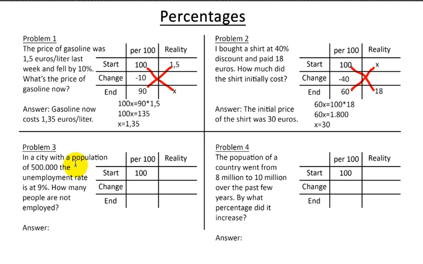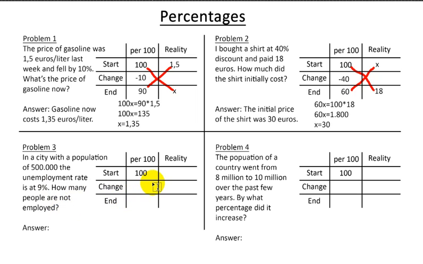Let's move on to problem 3. In a city with a population of 500,000, the unemployment rate is 9%. What that means is that 9% of the 500,000 people do not have a job, basically. And it asks how many people are not employed, which means how many people don't have a job.